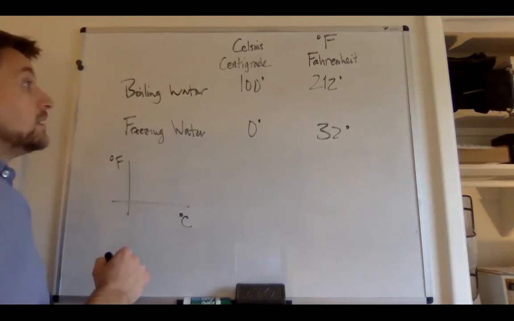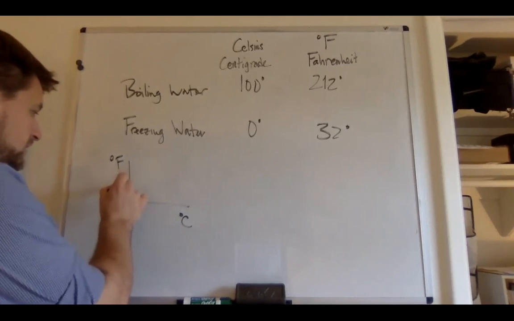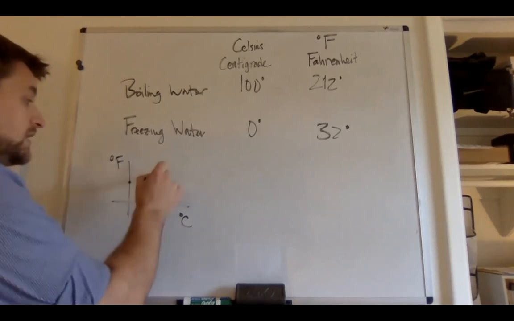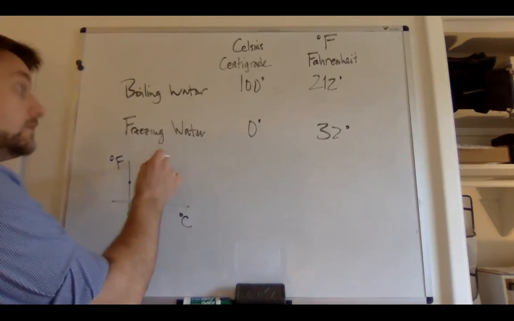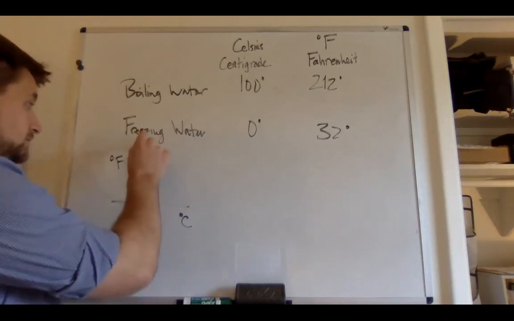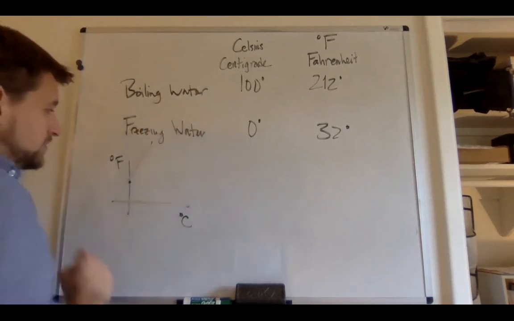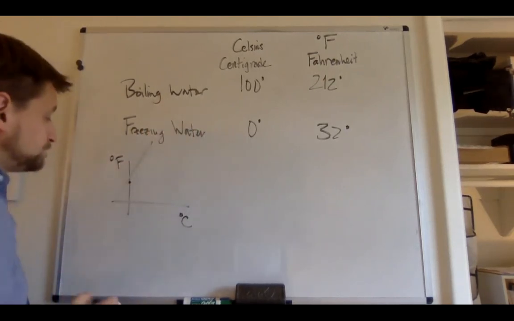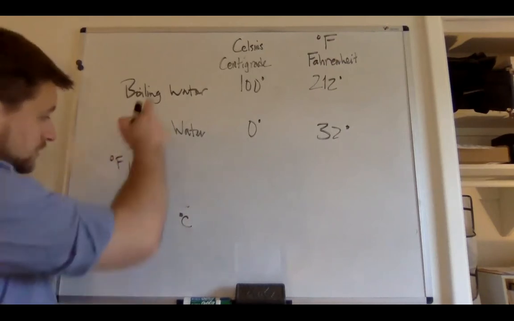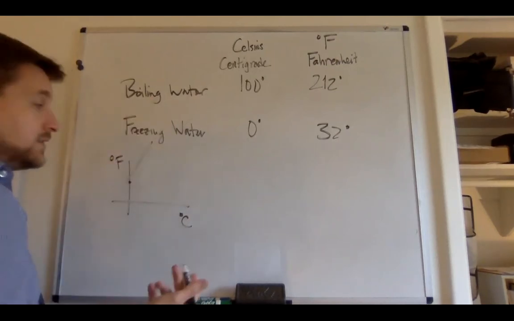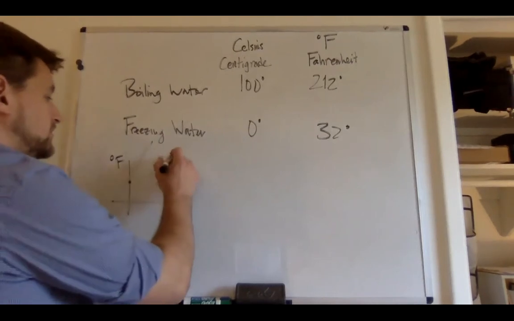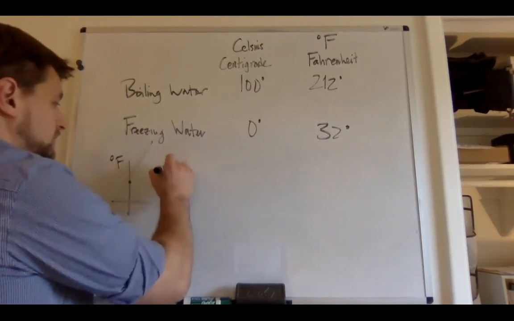We've got 32 degrees is 0, and 212 is 100. And there's a relationship there between Celsius and Fahrenheit. In order to find that, we need the slope and we need the intercept. So what's the slope? The slope should be rise over run.